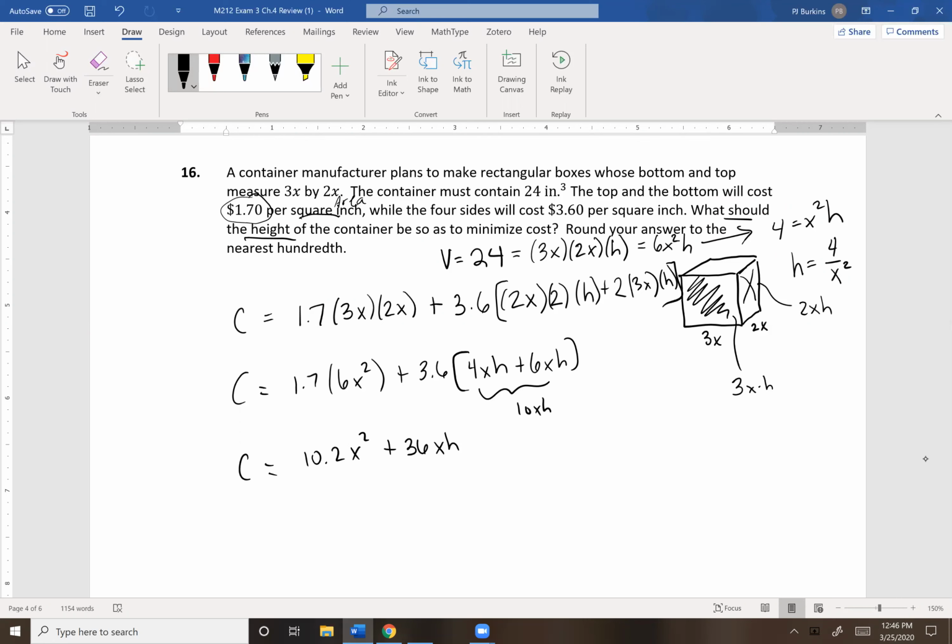So let's finish this guy up because we got 4 minutes left. I need to find C. First off, I got to plug H in. So H was 4 over x squared. 10.2x squared plus 36x times 4 over x squared.